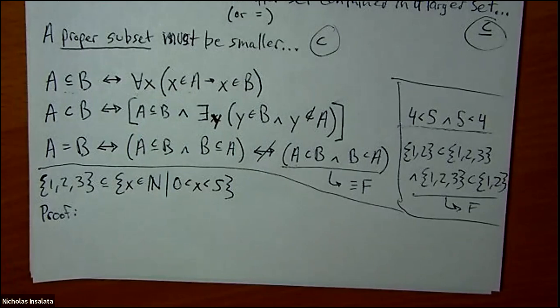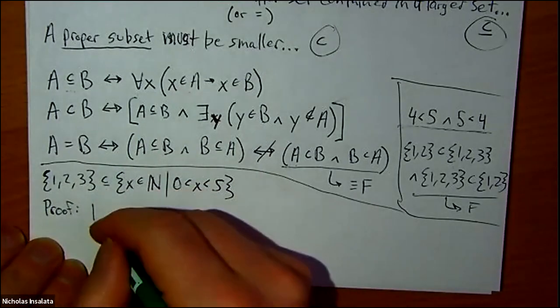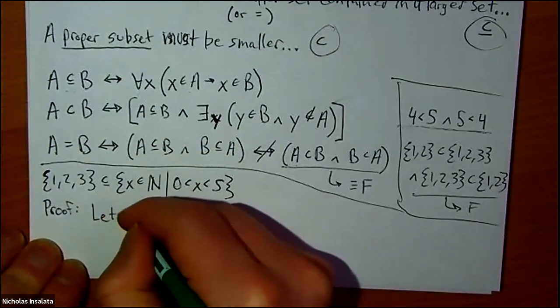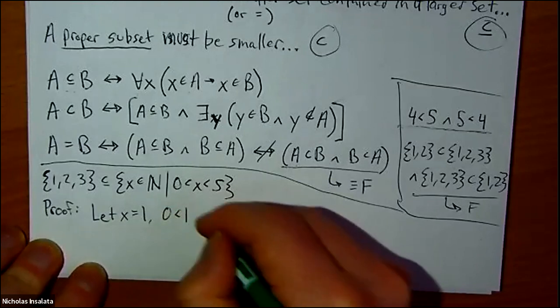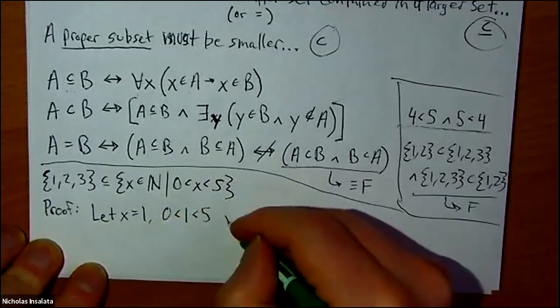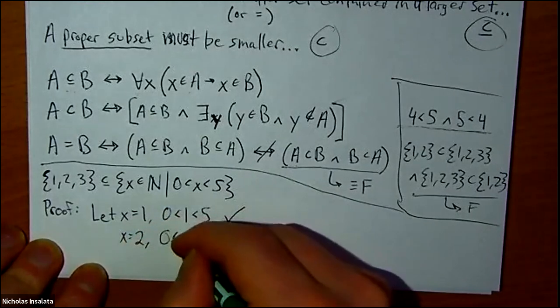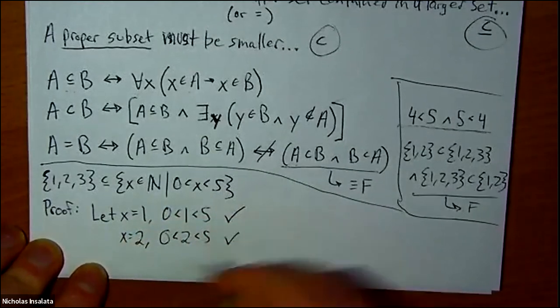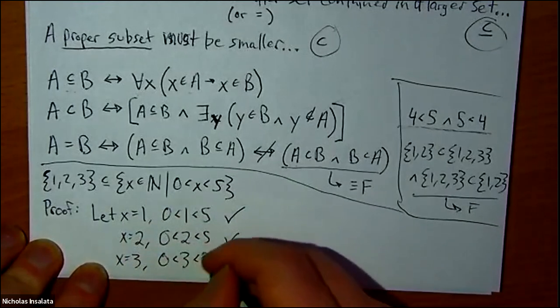Yeah, use each element. So we'll say let x equal 1. Then 0 is less than 1 is less than 5. That works. x equals 2: 0 is less than 2 is less than 5. x equals 3: 0 is less than 3 is less than 5.